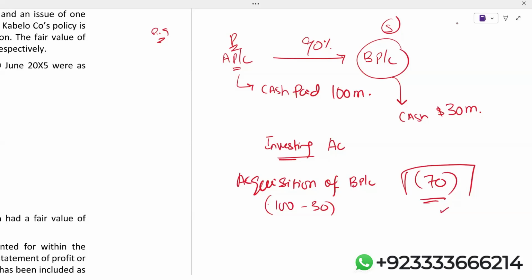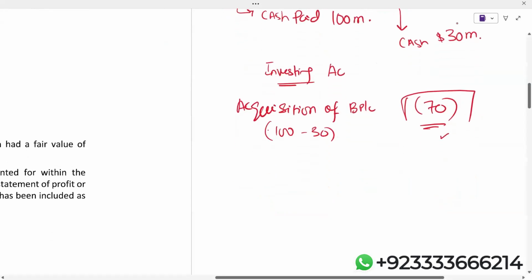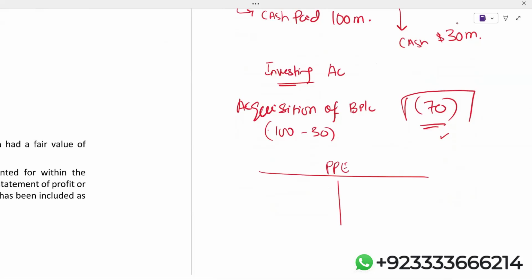Another point: for example, I want to calculate cash purchase of property, plant and equipment, and during that period I have acquired a subsidiary. I'll take BD from the group SOFP, and CD from the group SOFP.